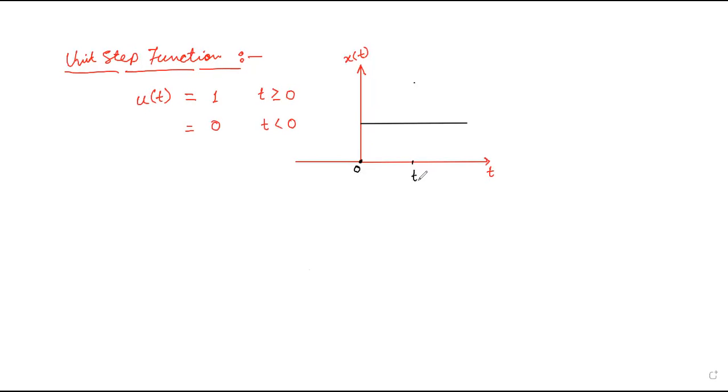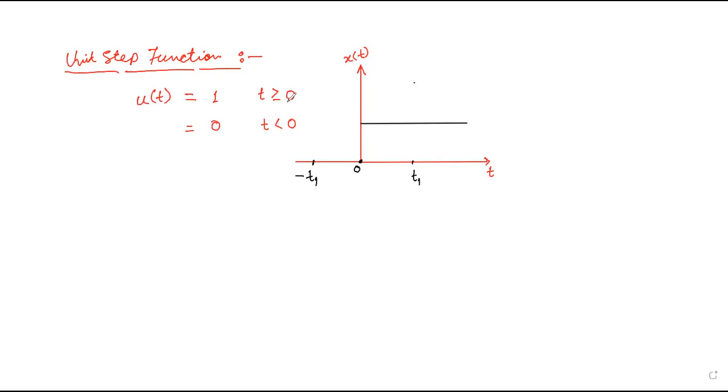And what is the amplitude at t is equal to t1? 1. And what is the amplitude for t is equal to minus t1? 0. 0.